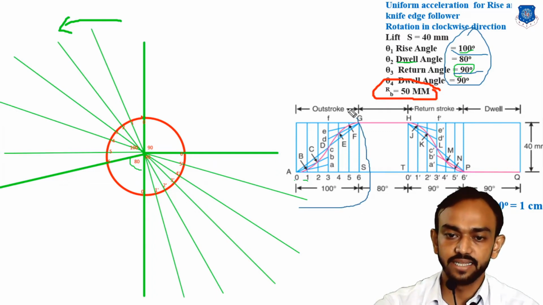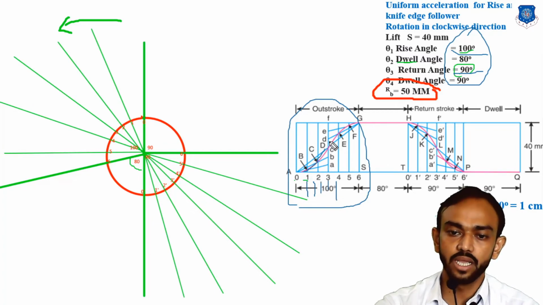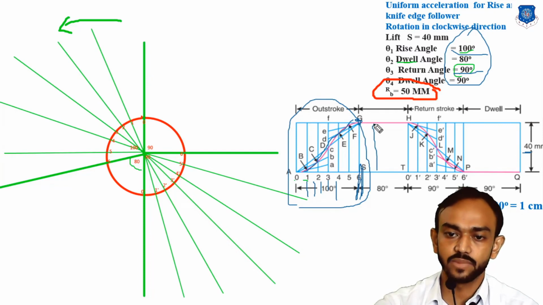What is this indicating? As this cam is rotating, this angle is increasing, the follower is moving in the upward direction, and after this 100 degrees the follower will be at the top, meaning at a 40 mm distance from its original condition.